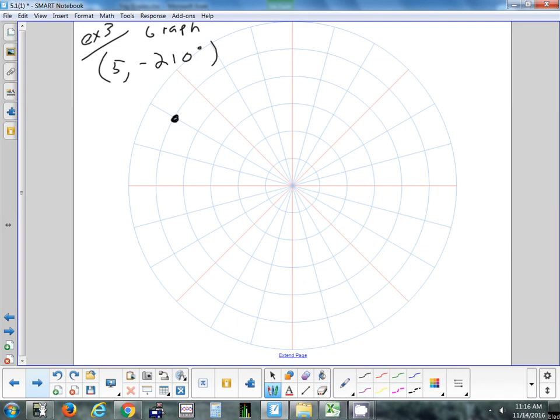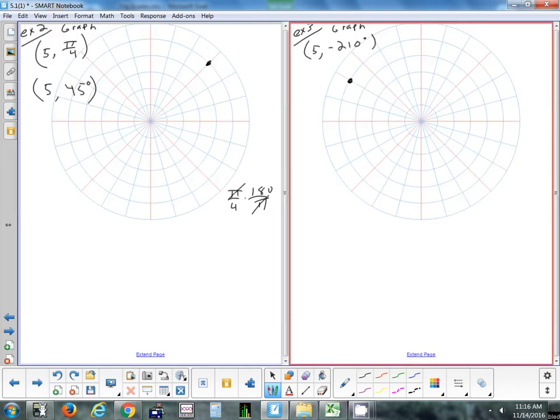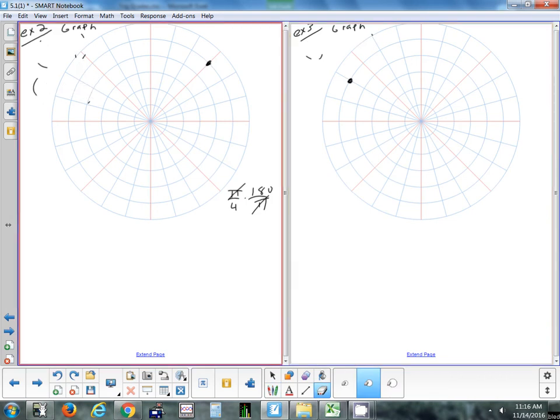Now, if you compare this one to the last one, let's say you didn't have the coordinate written. All you had was the point. Can you tell which way you went to get to that point? Can you tell how I got to the point, if I went clockwise or counterclockwise?